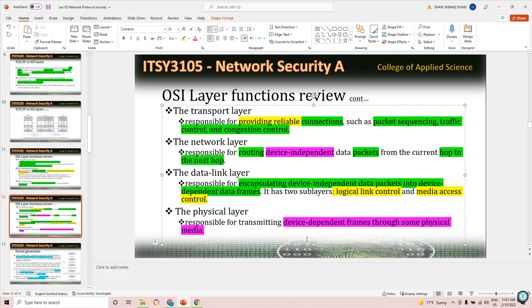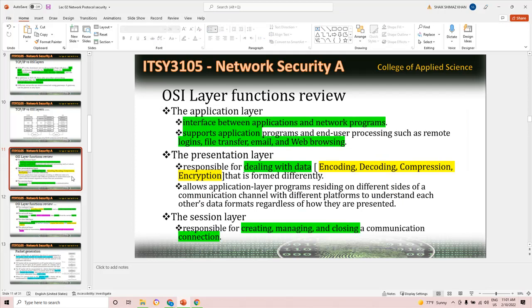So the frames will be converted into the format according to the type of network, like wired or wireless, and the data will be transmitted across the medium, whether it is a wired medium or wireless medium. Please understand, students, these are the different layers and their functions. Let me give a brief recap.